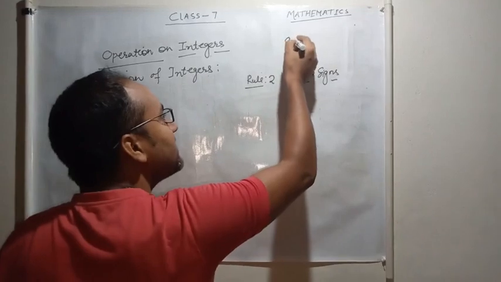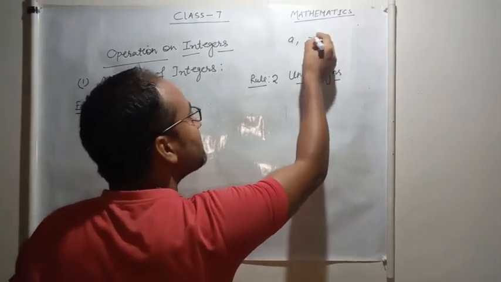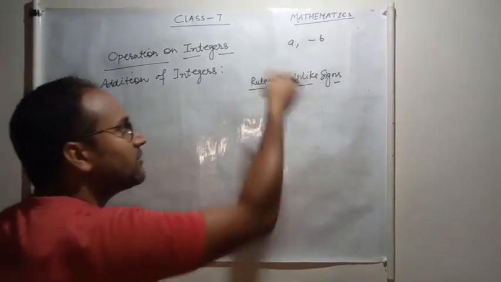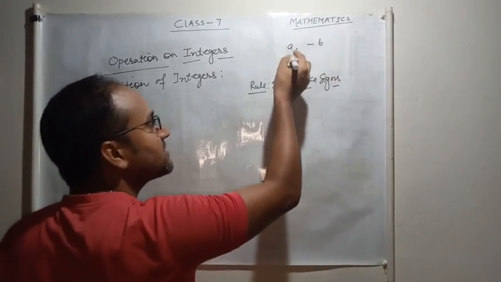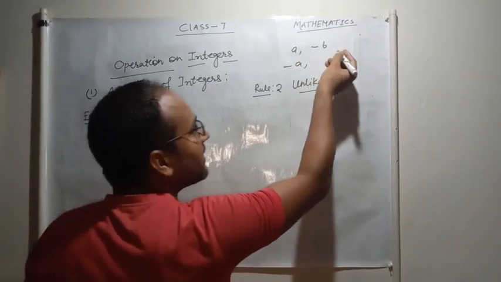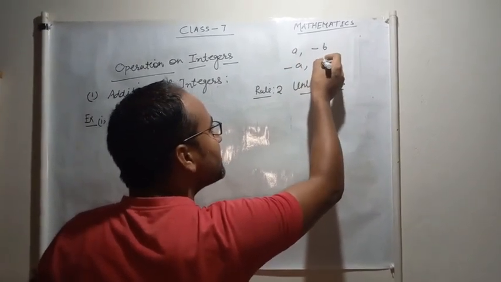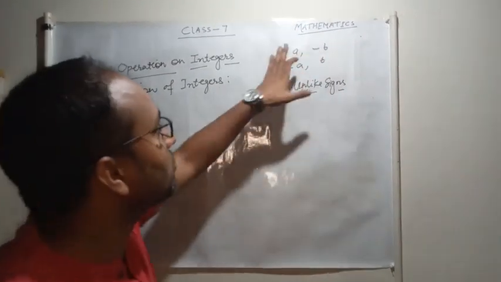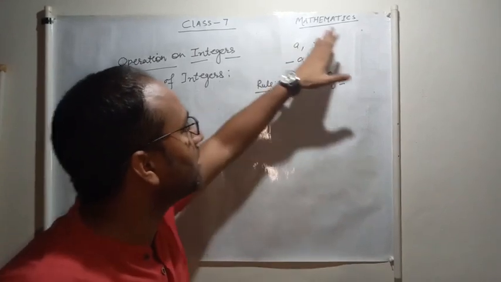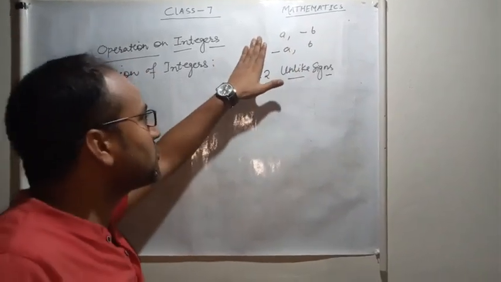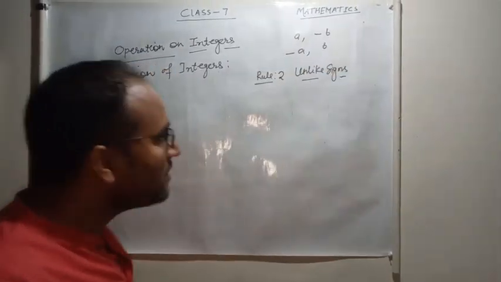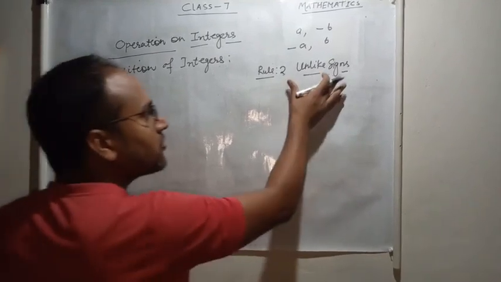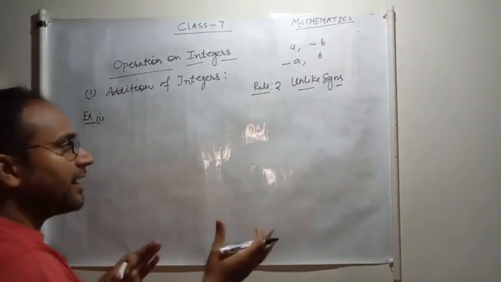Suppose a is there and the second integer is minus b. Here is an unlike sign. Both have different signs: one is positive, the other is negative. So we are going to discuss how to add these unlike signs.